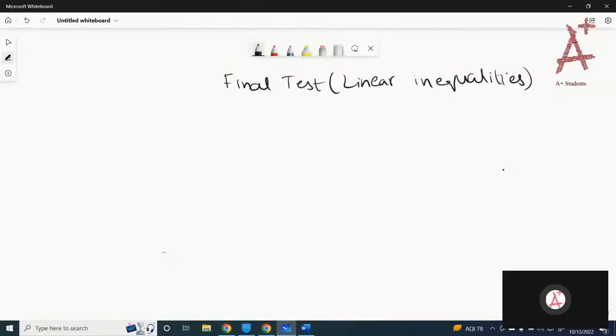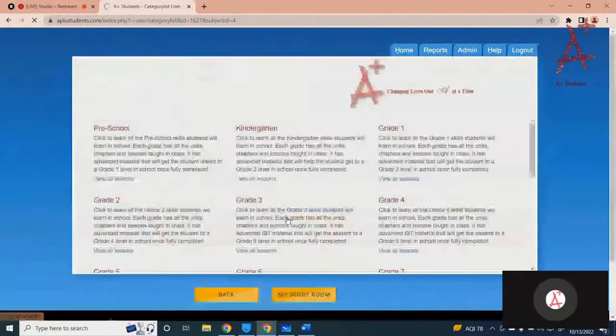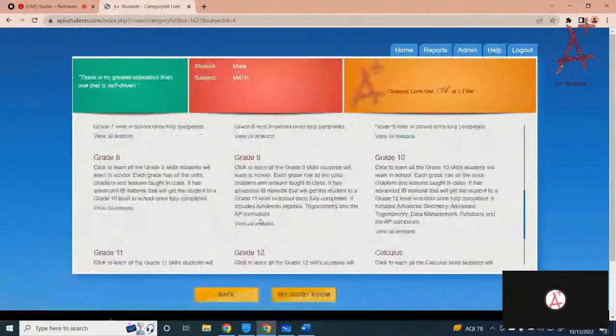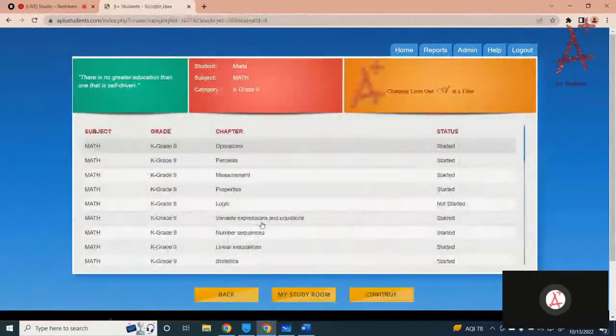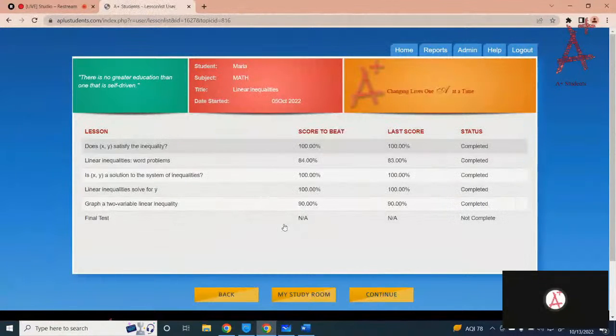Math, click on the continue button, then scroll down to grade 9, then linear inequalities and the final test.